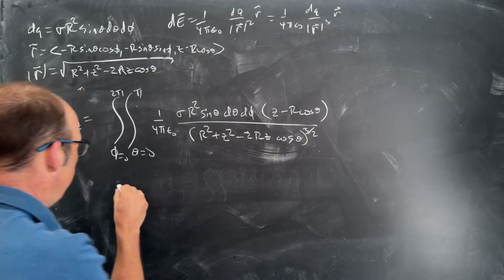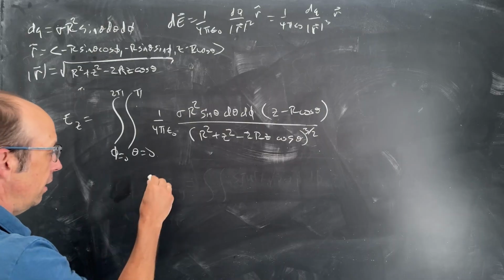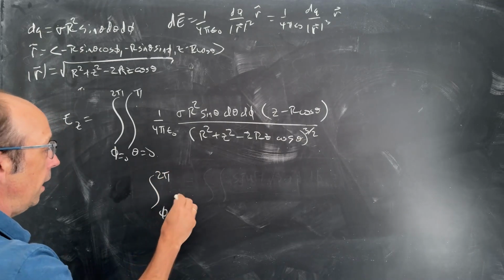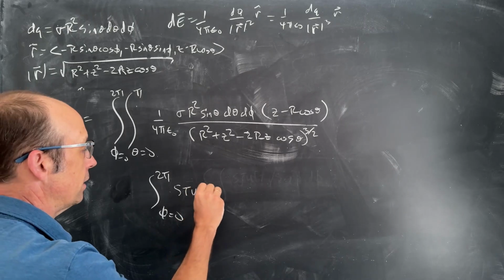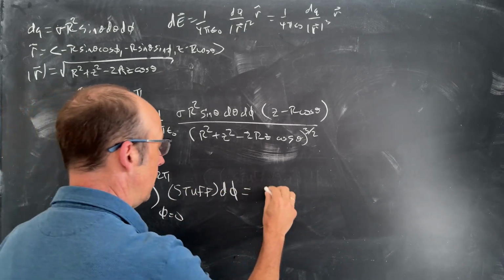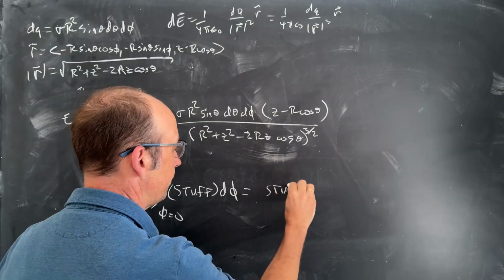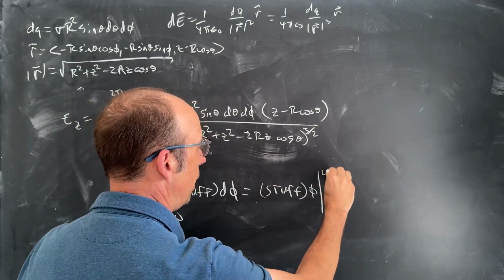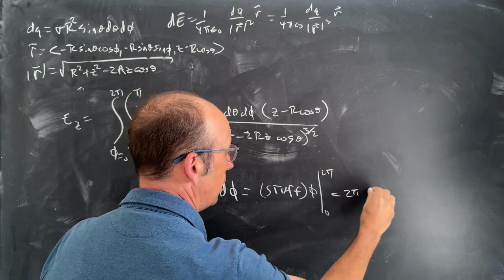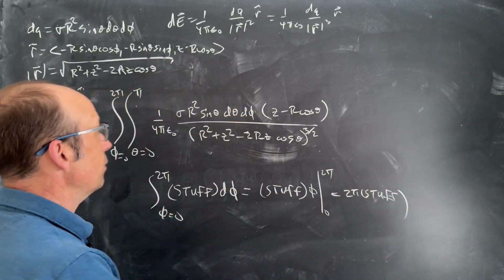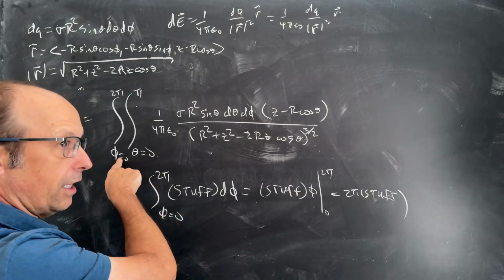So I can write this as the integral from phi is 0 to 2 pi of stuff d phi, which is going to be stuff times phi from 0 to 2 pi, which is 2 pi times stuff.